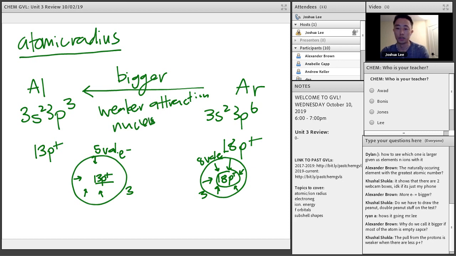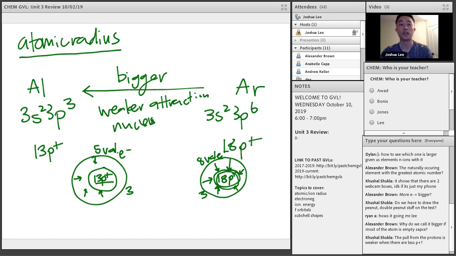The pull from the proton is weaker when there are fewer protons. Correct. Because if you can imagine, the nucleus is pretty much trying to bring down that energy level. So for aluminum, you have 13 protons pulling that third energy level down versus 18 protons pulling that energy level down. 18 protons are going to do a better job of pulling it down.